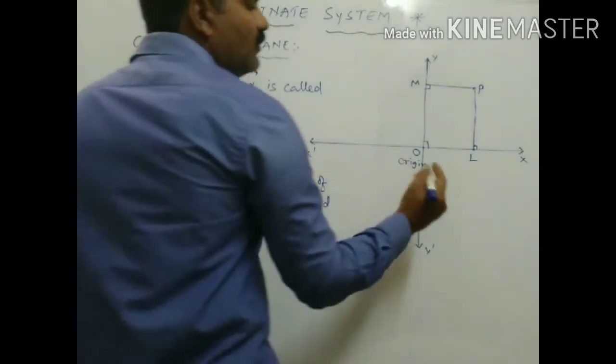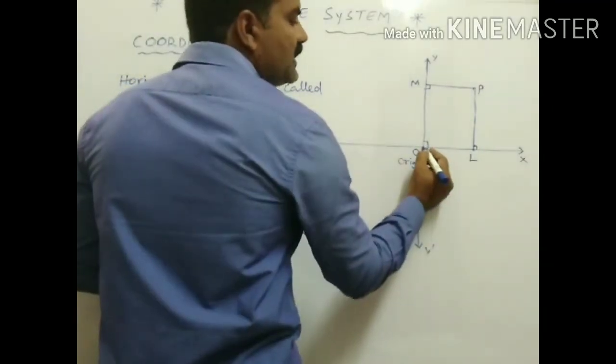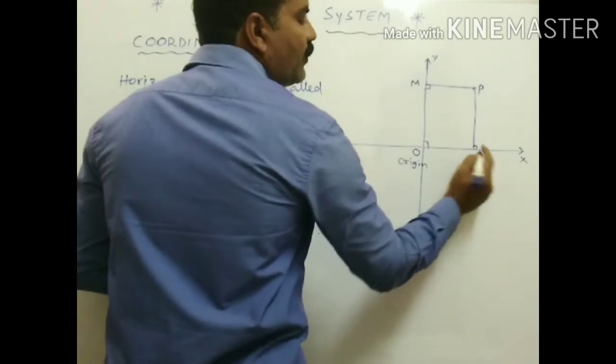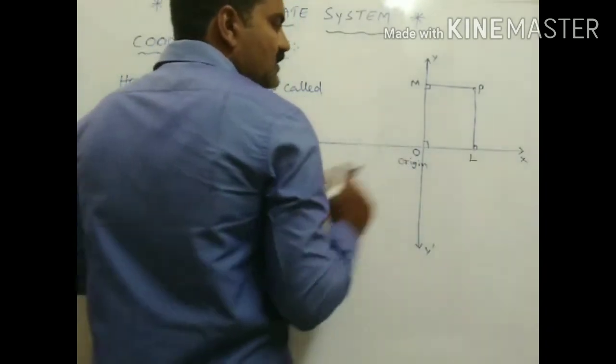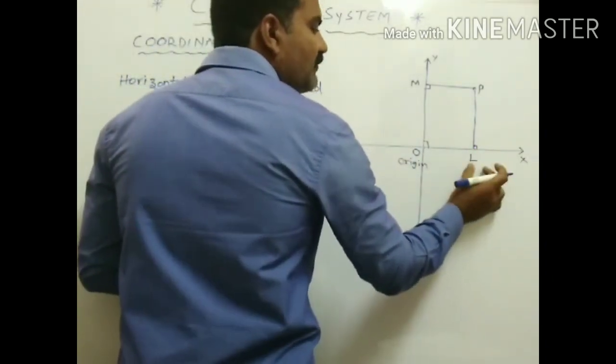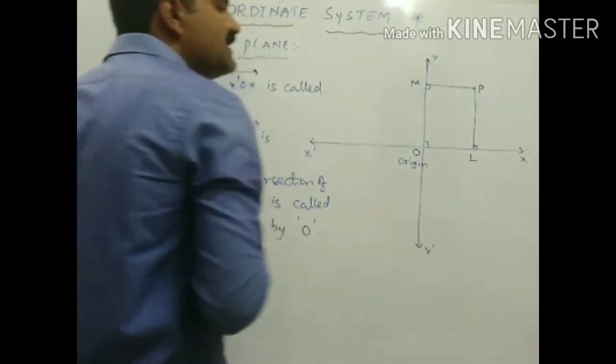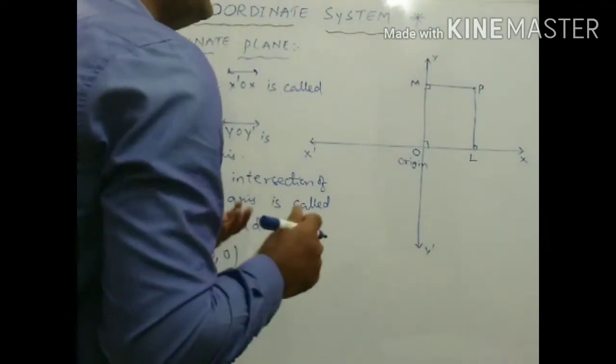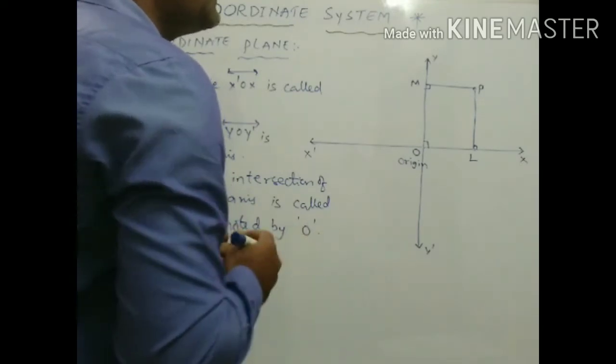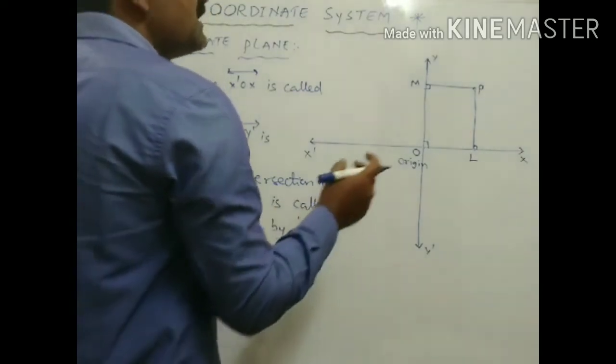Right? Now look at me here. O is the origin and L is a point on x-axis. So I think L has some value, no? Since it is a point on x-axis. Earlier we discussed, especially in terms of intervals and plotting graphs, some values.